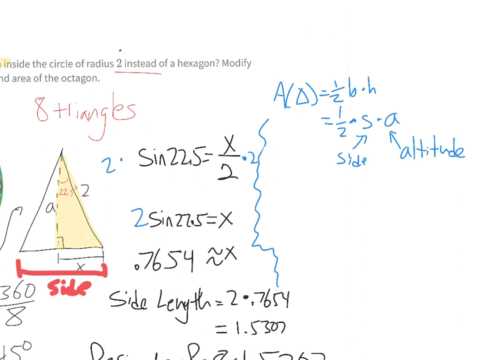We're actually going to have another name for the altitude. We're going to call that the apothem. We'll talk more about that later. So the altitude is really called the apothem of the regular polygon.